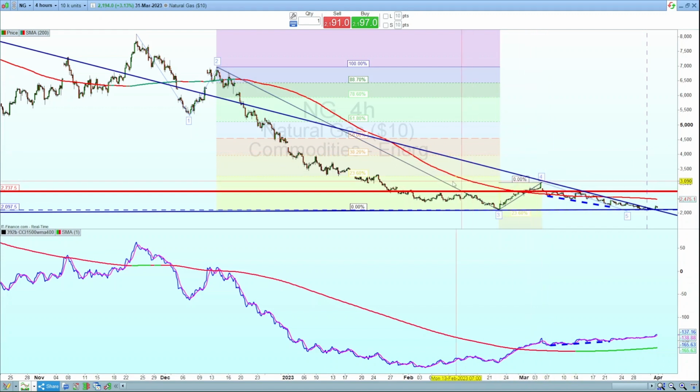This has barely touched the 23% retracement on that third wave, so not a very strong fourth wave up before it went further down. Now that fifth wave, if that is a valid 5-wave count, it's still got some way to go before it finishes the fifth wave potentially. So that's where we are with the 4 hour chart.